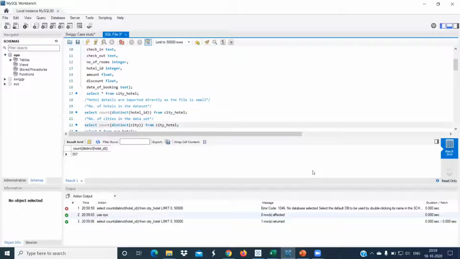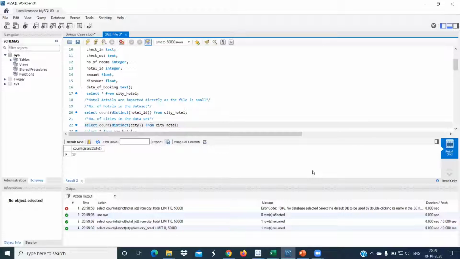The same thing stands for distinct of city. So there are 10 distinct cities in this data set. So if Hyderabad is occurring 10 times, we cannot count Hyderabad as 10 different cities. If Hyderabad and Mumbai and Bangalore are occurring 10 times, 5 times, and 3 times respectively, we cannot count them as 18 cities. We have to only count them as 3 cities.